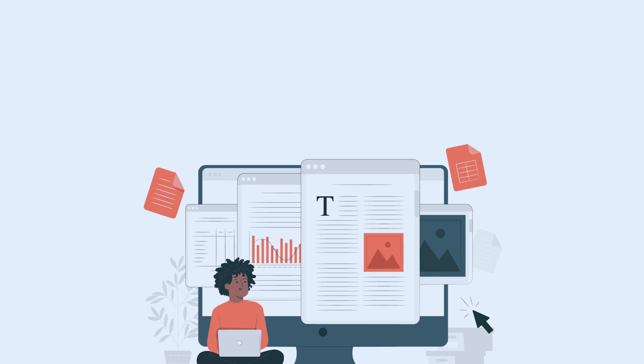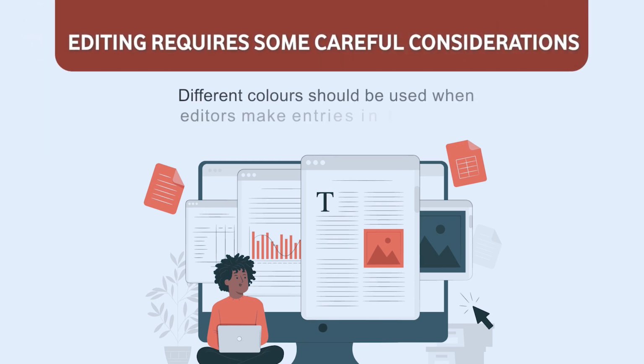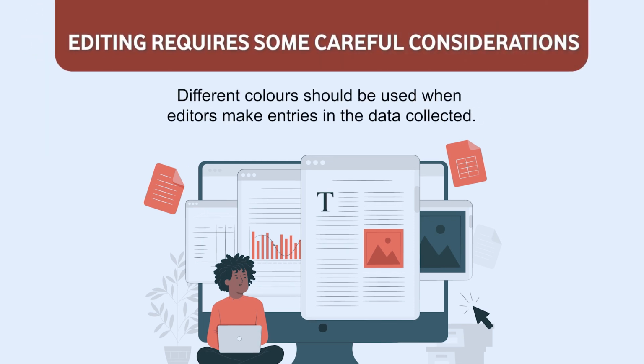While doing the editing, editors are going to use different colors, because different colors should be used when the editors make entries in the data collected. Otherwise, if as an editor I start editing as per my convenience, it leads to confusion to the person who is going to read it, even later, right?